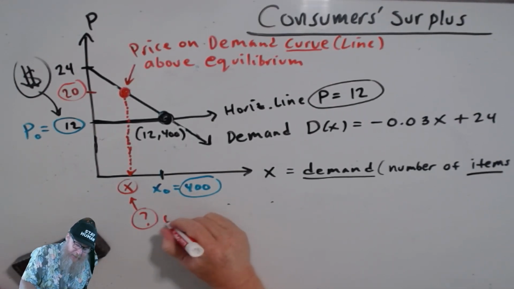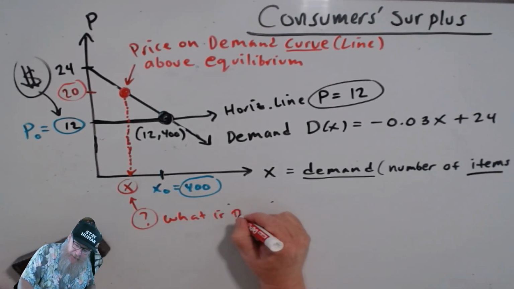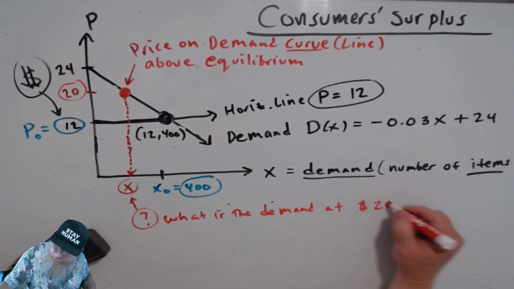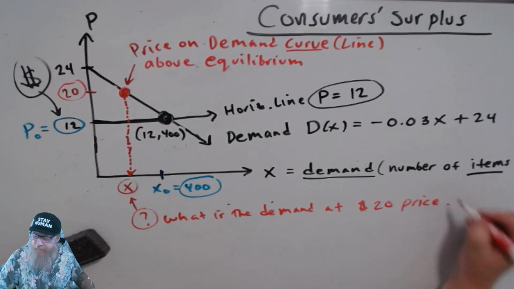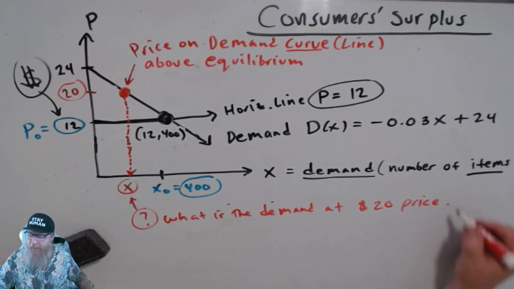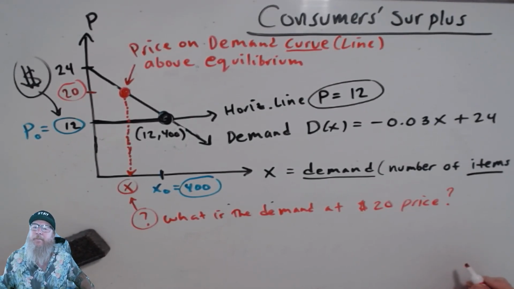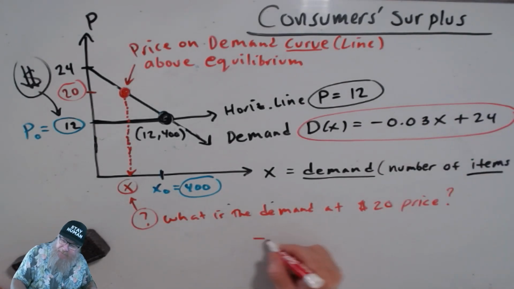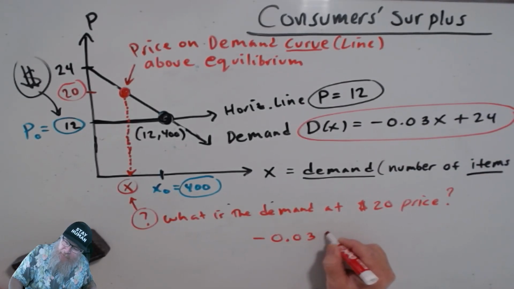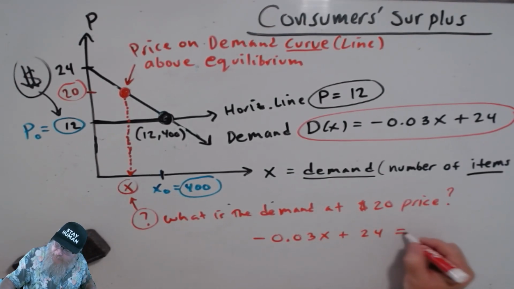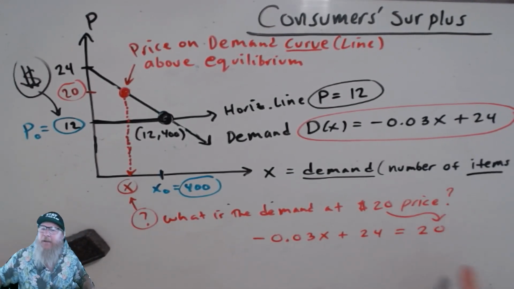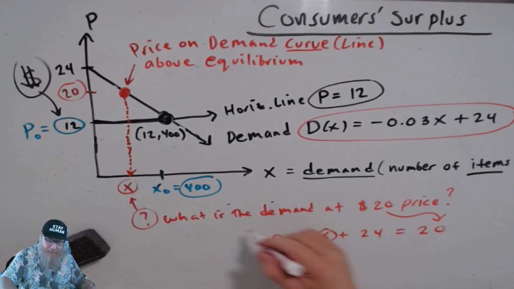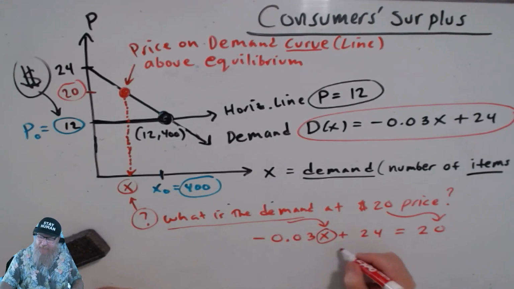That's called the demand. What is the demand at $20? Well, I have a function right here that tells you if you set the price to $20, you would just set the output equal to 20 and solve for X. This is just basic algebra.